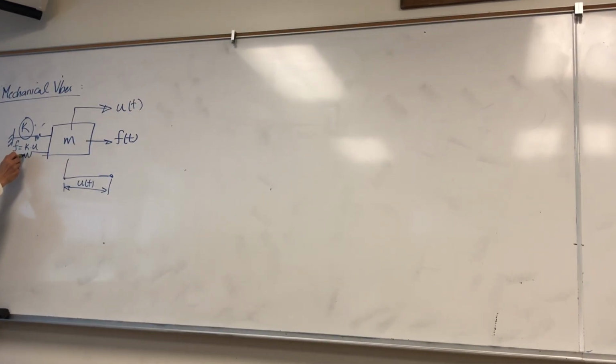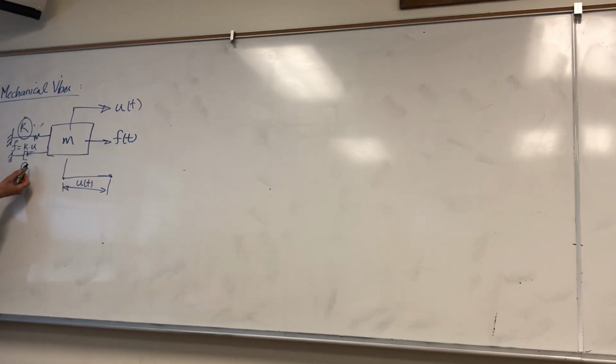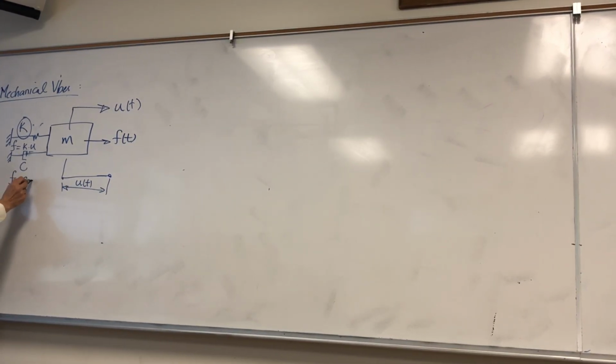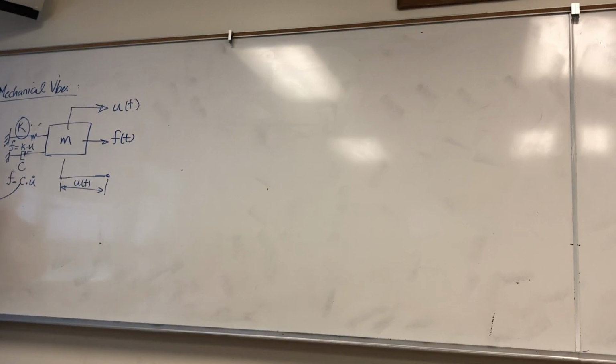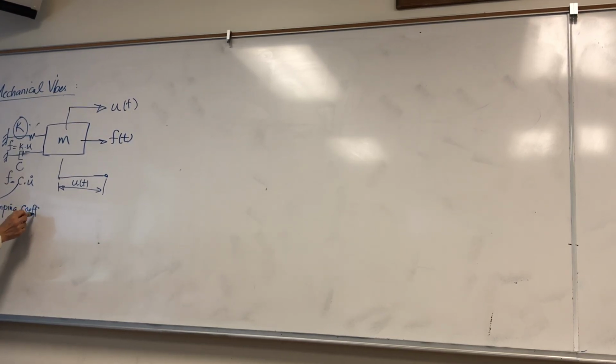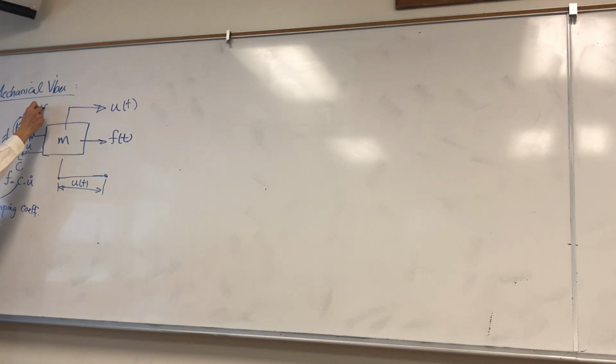And then there was another force that we cannot fully physically describe, but we call that a damping element. The force generated in this damping element would be proportional to the velocity of the system, and this parameter of proportion is called the damping coefficient. And this one we call the stiffness coefficient.